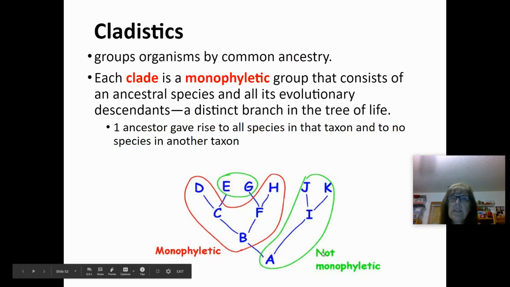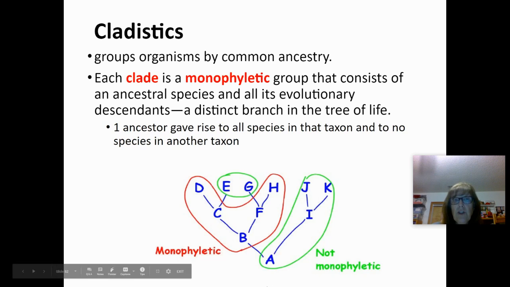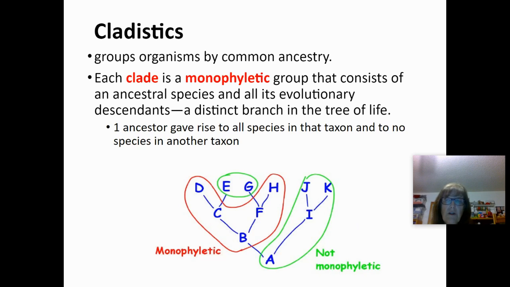All right, so cladistics is grouping organisms by common ancestry. And when we're making these phylogenetic trees, each of these branches are referred to as a clade. And what it does is it allows us to look at the ancestral species and the evolutionary relationships of these species.